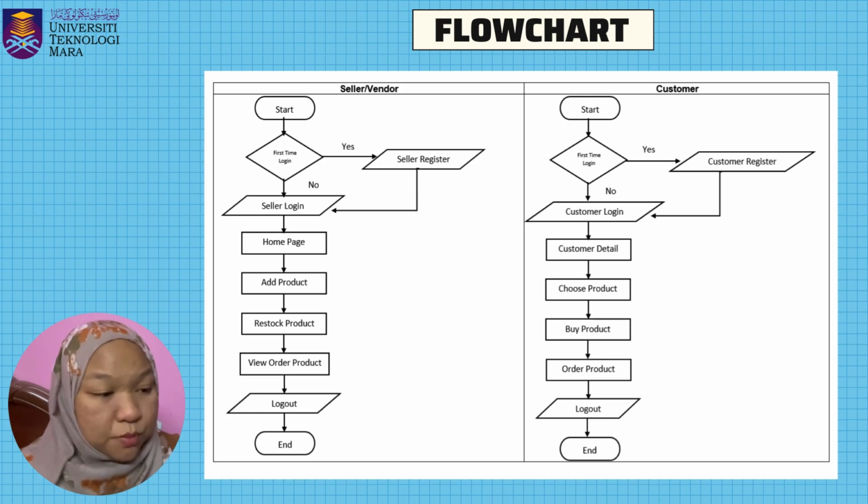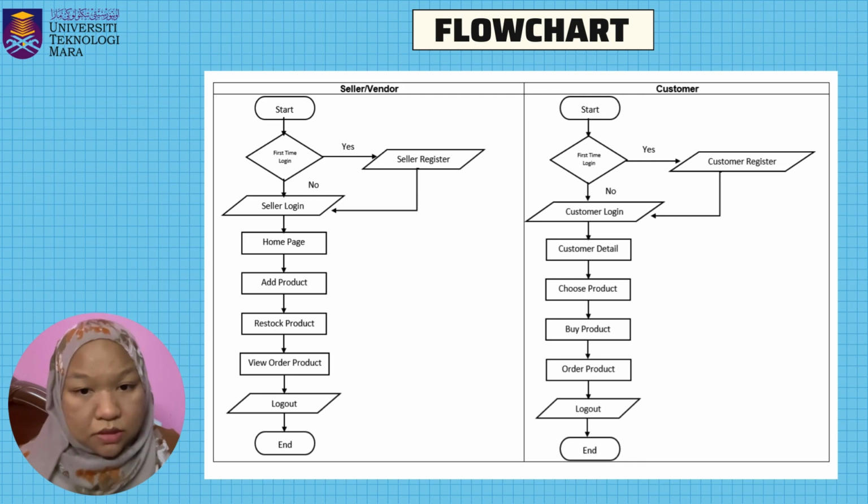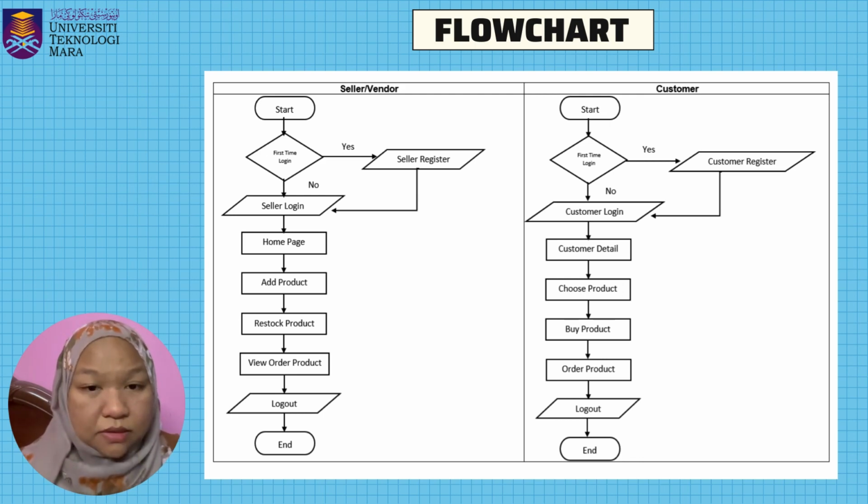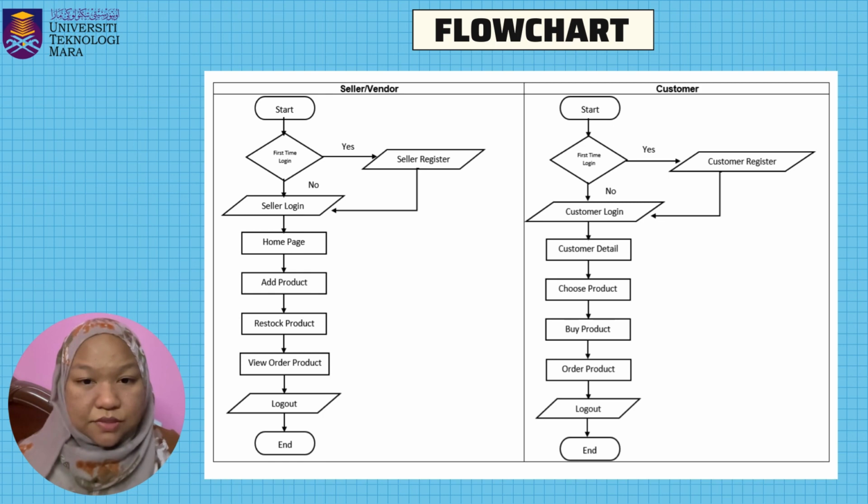When the customer chooses the product, they can buy it, and they can also view the product. They can view the product that the customer bought. That's all for the flowchart.